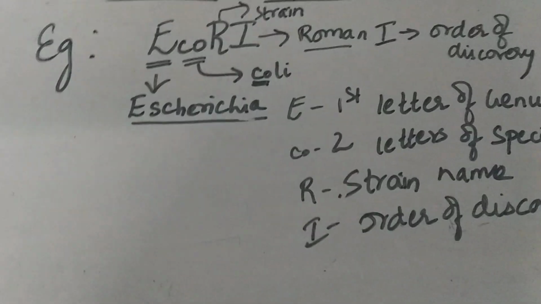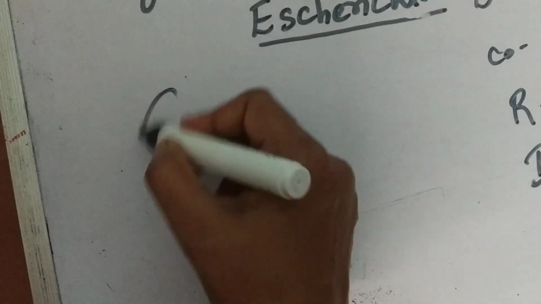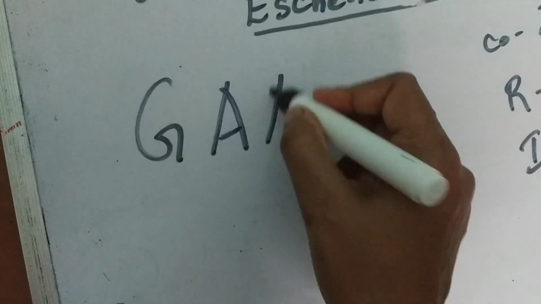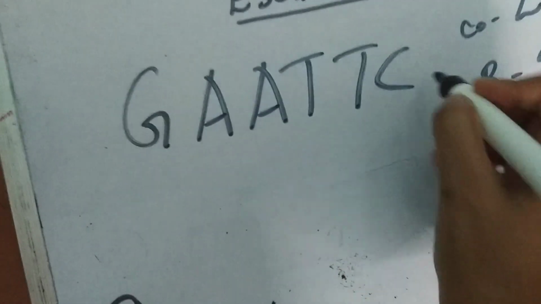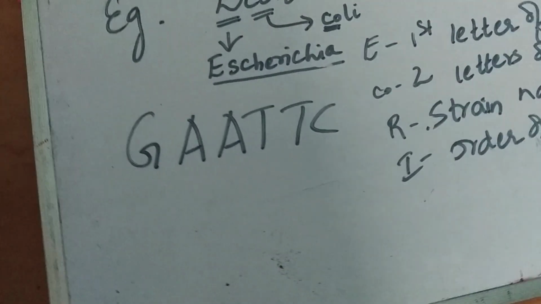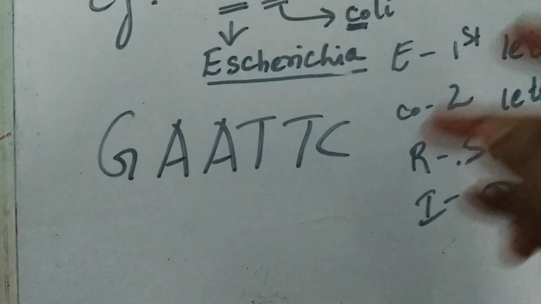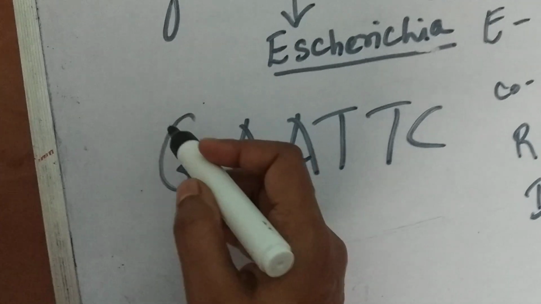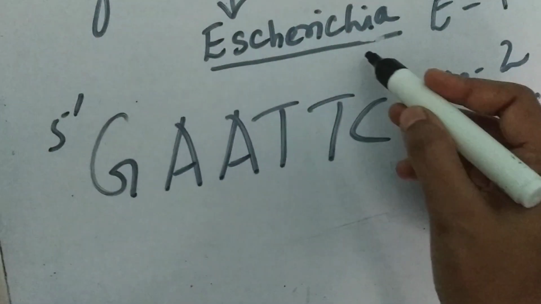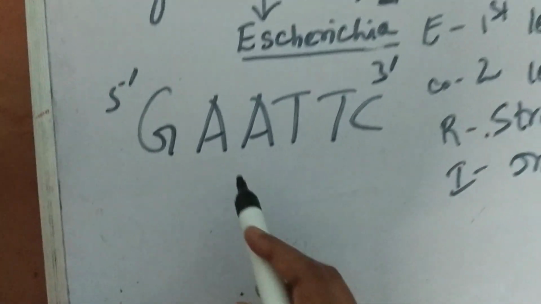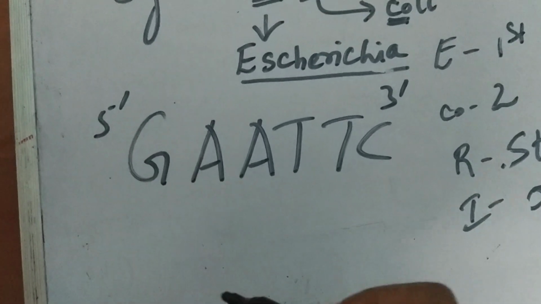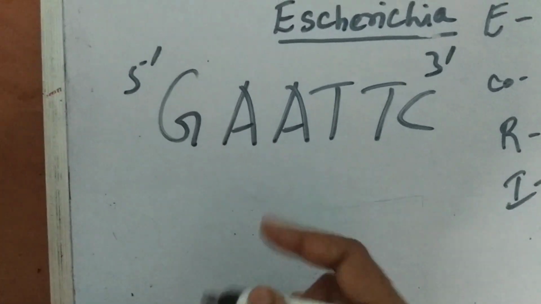Alright, now EcoR1 recognizes the sequence GAATTC. I just wrote that as an example previously also. Now this goes from 5' to 3'. Endonucleases can only identify and cut double-stranded DNA.